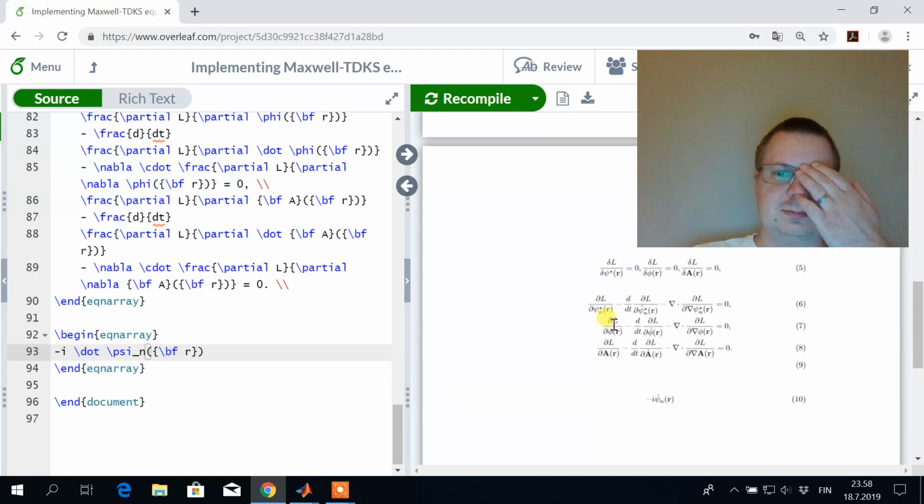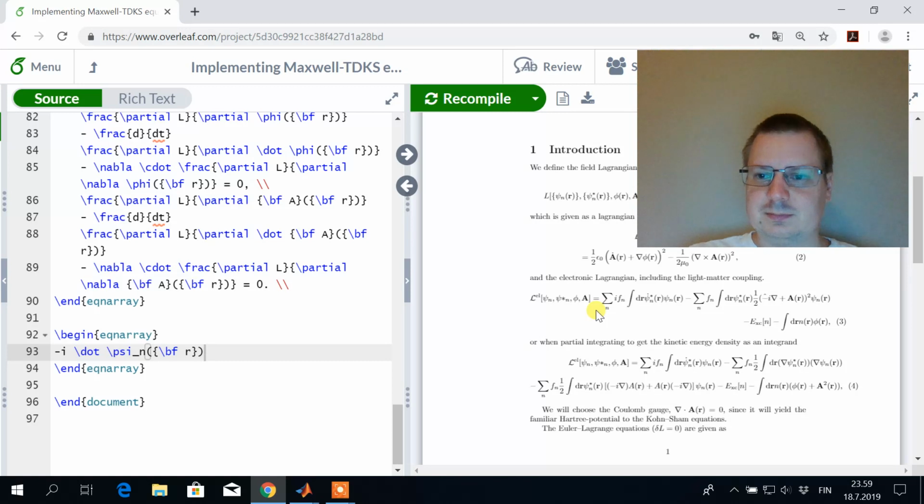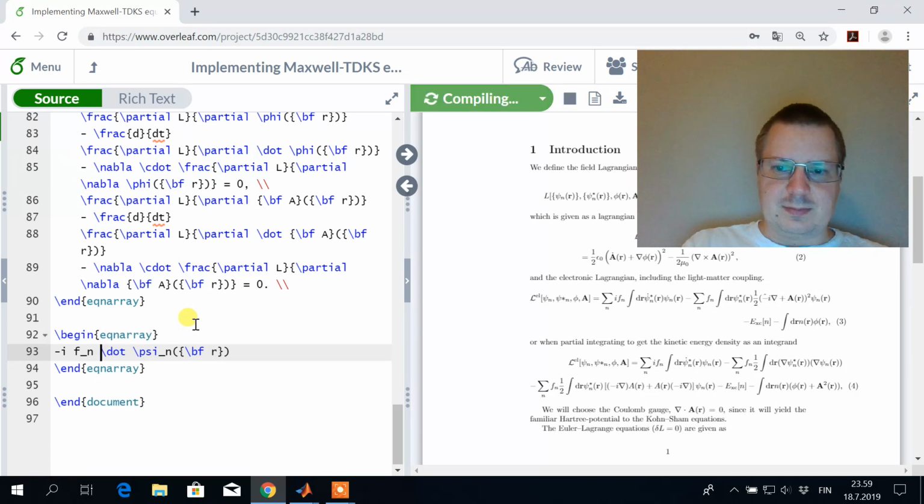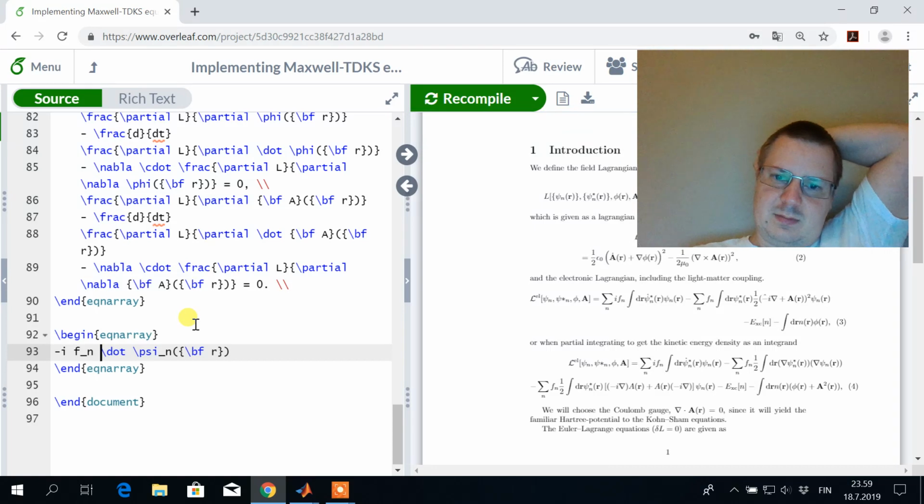And then there's lots of derivatives with respect to psi star. So for example, here we will have the minus i ∇ plus A, minus i ∇ psi f_n. I really am not sure about the f_n.